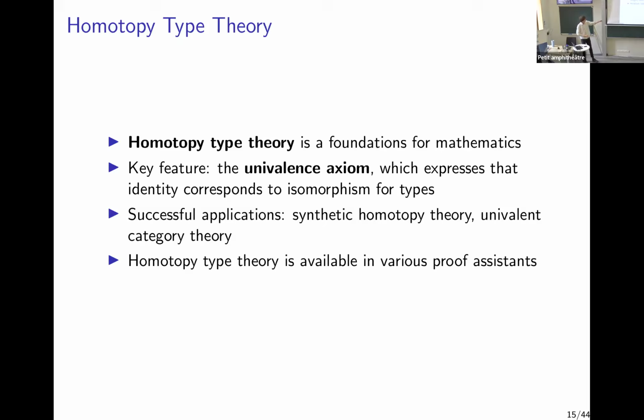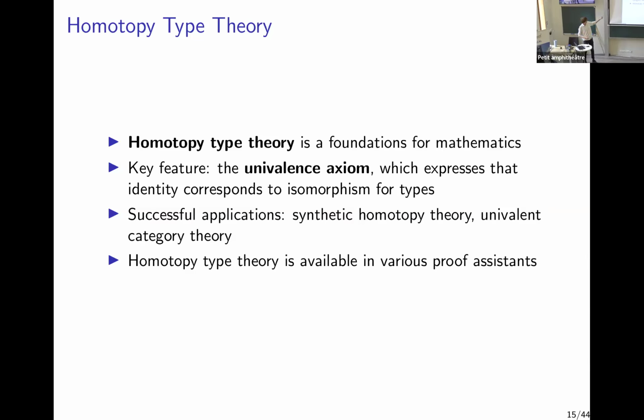That is basically the idea of synthetic homotopy theory. You do type theory, but you phrase concepts from homotopy theory as type theoretic constructs, and you work directly in type theory. The second being univalent category theory, which is what I'm going to talk about later in this talk.